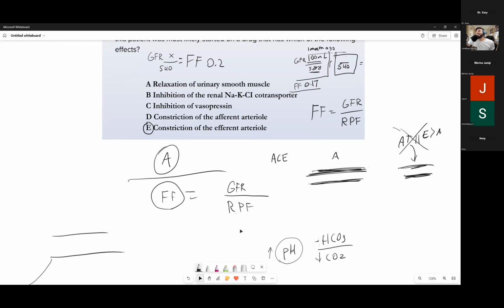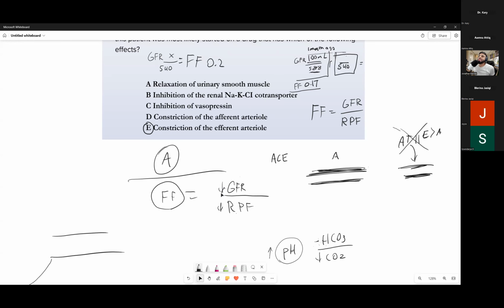You still have to take into consideration the GFR in order to find out the filtration fraction. They could mess with you in the sense where they say it has an increase in GFR, or they say a decrease in RPF. But then that makes me think, hold on, decrease in RPF also decreases the GFR.